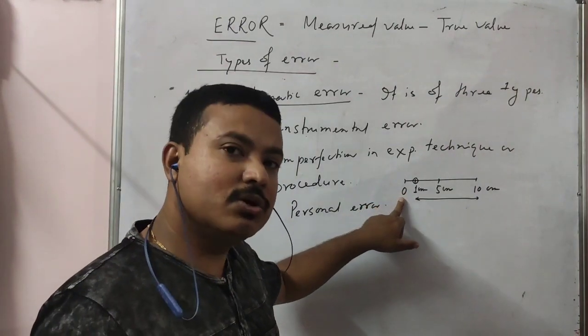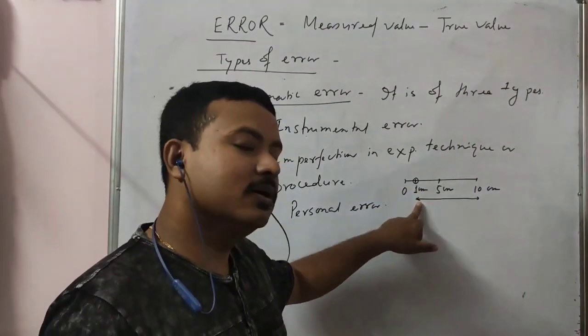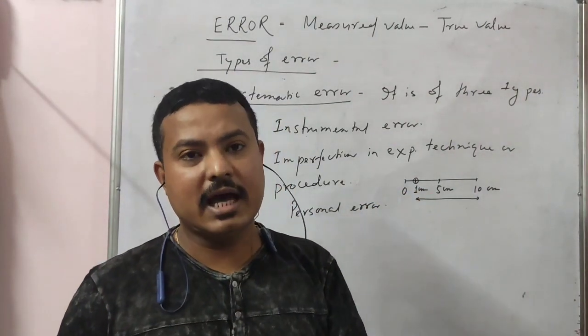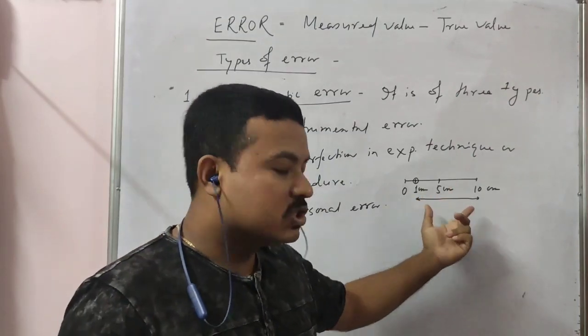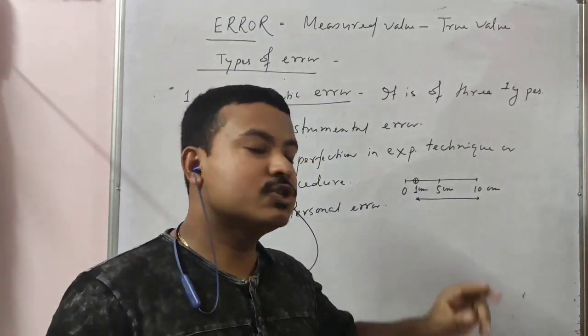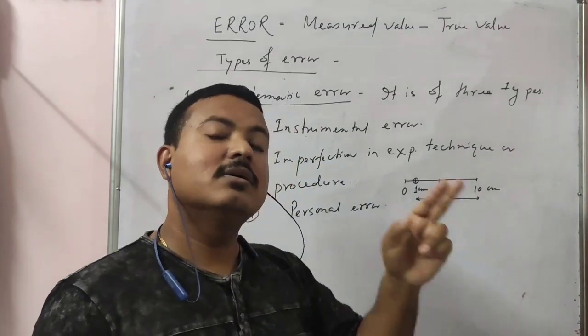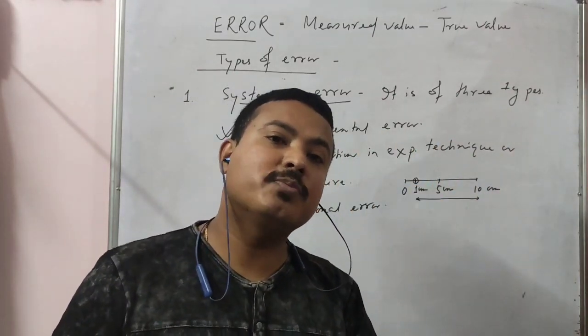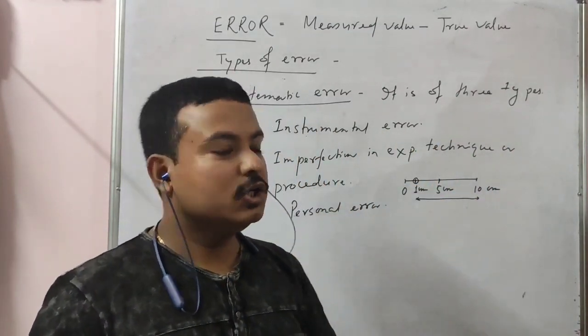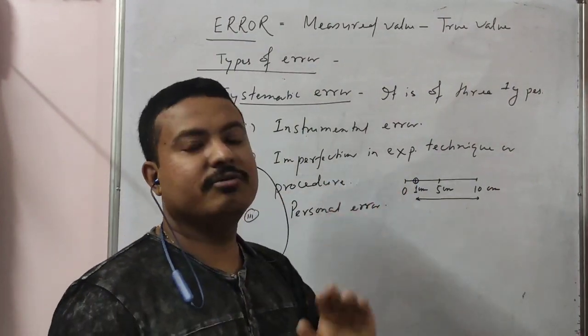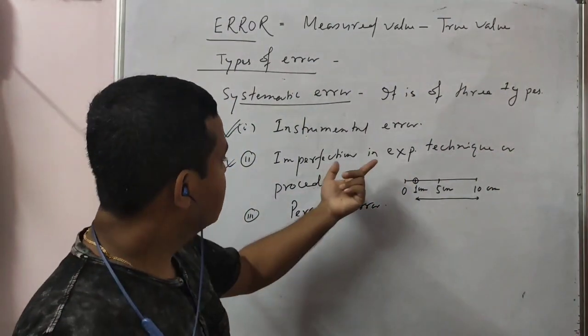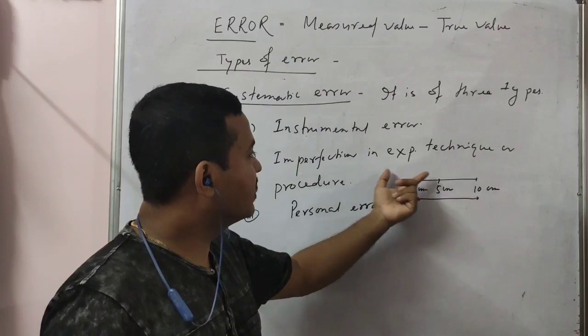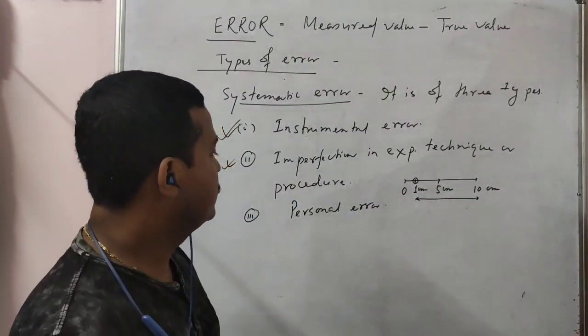You should start from 0, but here you are starting from 1. So definitely you will get an error. This error is not because of your instrument. Your instrument is correct, but because of your wrong procedure. Procedure is what? You have to start from 0, but you are starting from 1. So this is the error because of imperfection in the experimental technique or procedure.